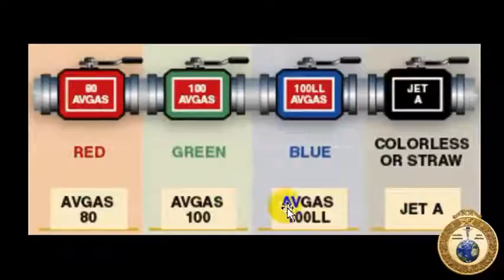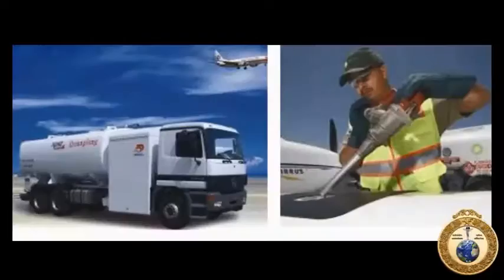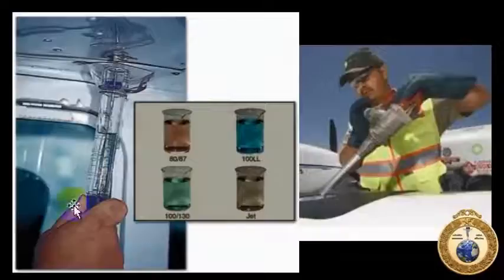Most general aviation aircraft use this 100 low lead, and they put tint in the fuel, so when we go back after refueling and test with a strainer, we should have a blue tint in the fuel, so that is an indication that our fuel is good to go.